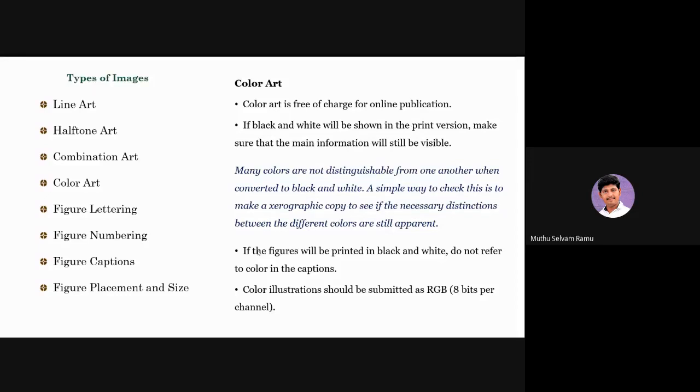So if you have an idea of making a color art, you have to make two figures with the same content, but one in gray shade, one in color. One is for the hard copy publication, one for online publication. So it is important to make two pictures.